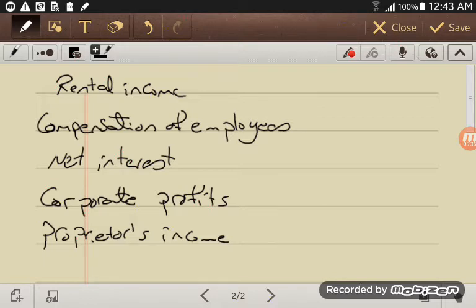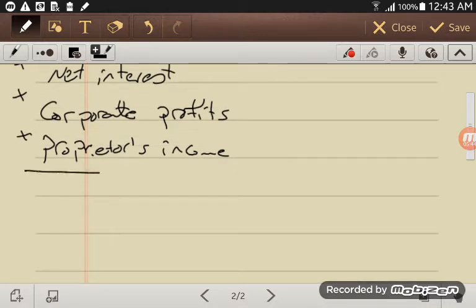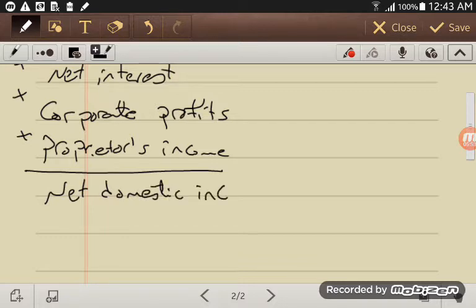If we are going to add all of them together, this is known as net domestic income at factor price.